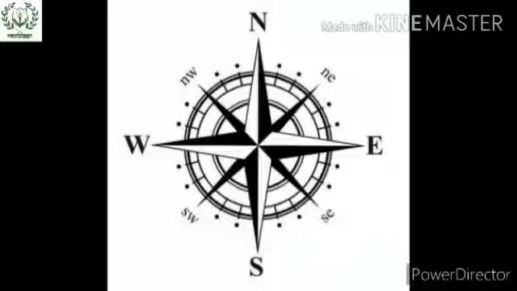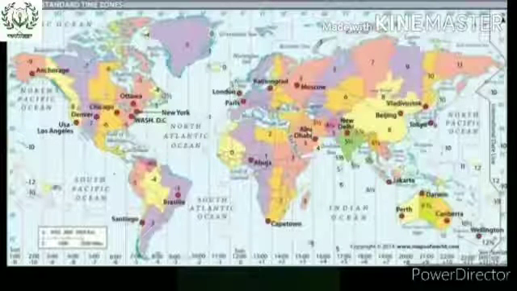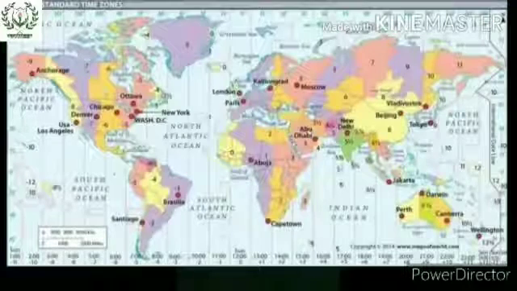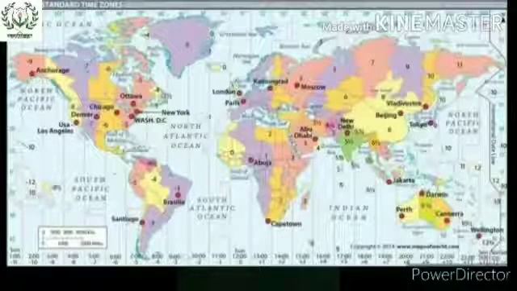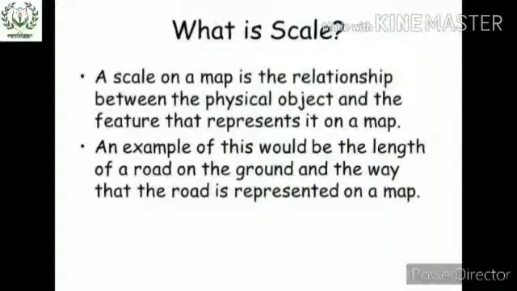It is not possible to show the actual size of the things that are shown in the maps. That is why scales are used. The scale is the ratio between two points on the ground and their corresponding distance on the map. A scale on a map is the relationship between the physical object and the features that represent it on the map.